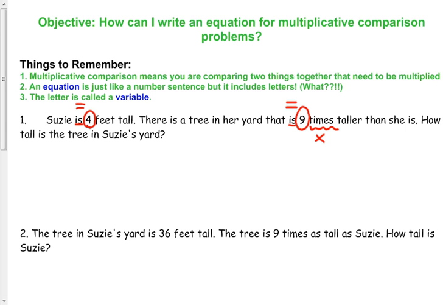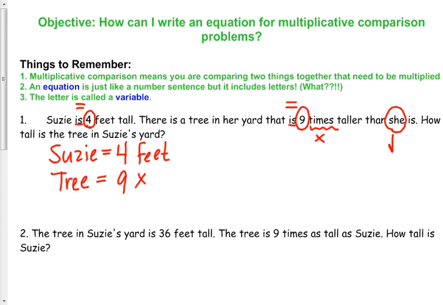So I'm going to write out that information. Susie equals 4 feet. There's a tree in her yard, so tree, that is, tree equals 9 times taller than she is. Now, who is this she?